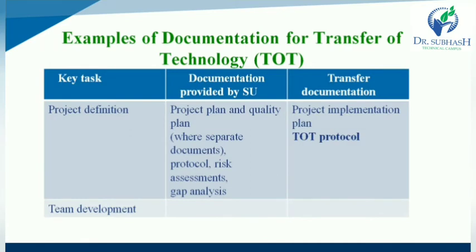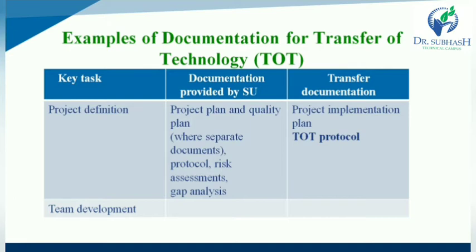Example of documentation for transfer of technology, also called TOT. Three columns are available. First one is key task, second one is documentation provided by sending unit, and third one is transfer documentation. First key task is project definition.